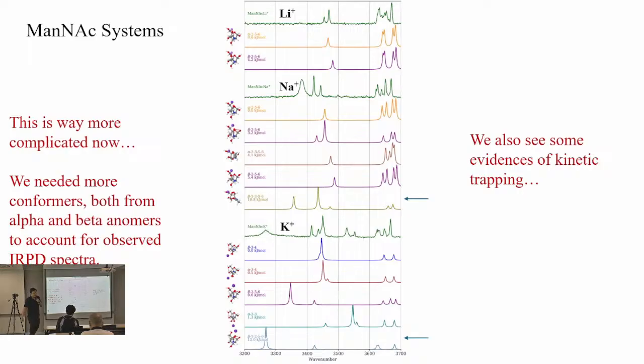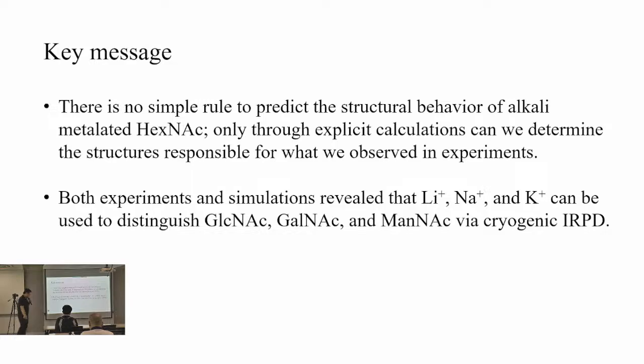Okay, so what's the message here? Well, the message here is that there's no simple rule to really cover everything, right? There's no simple structural behavior that can really capture what we could expect from these methylated systems.